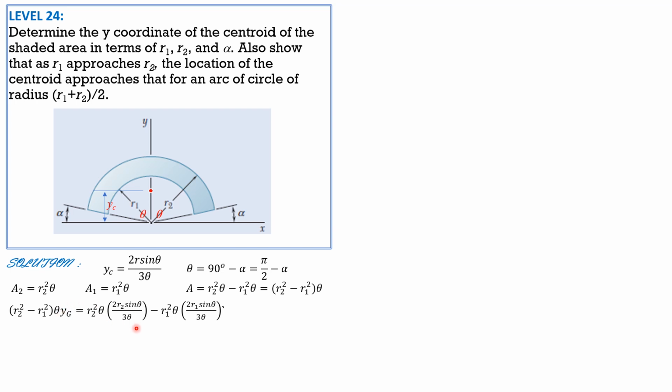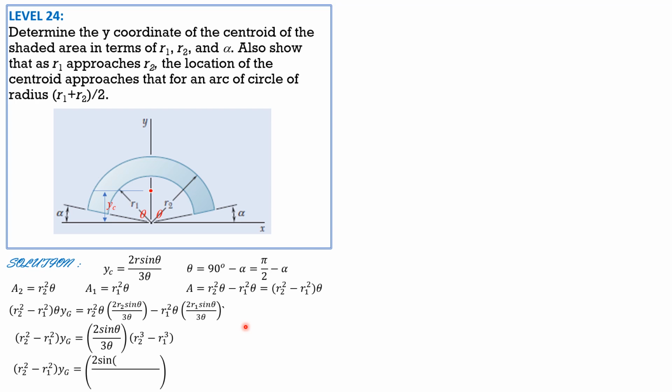So cancel out theta and simplify. The quantity R2 squared minus R1 squared times yg equals 2 sine theta over 3 theta times the quantity R2 cubed minus R1 cubed.